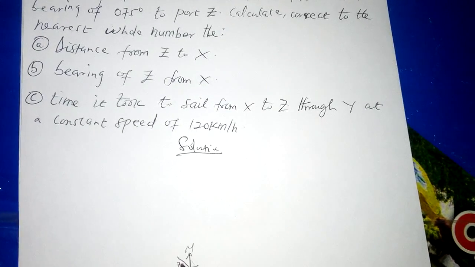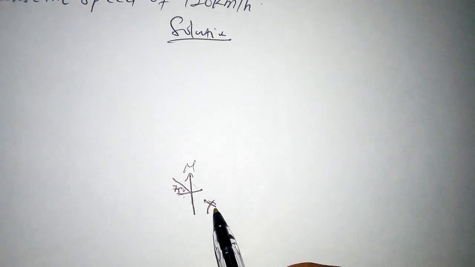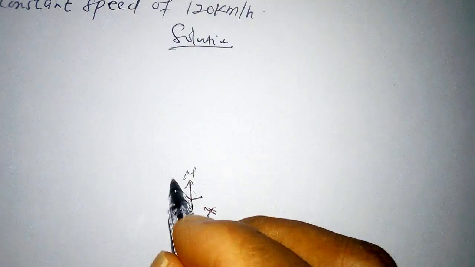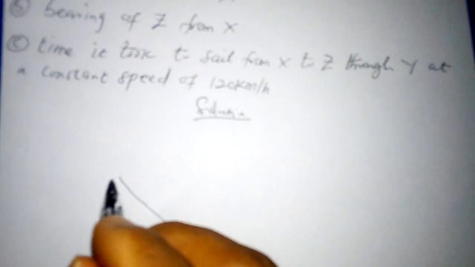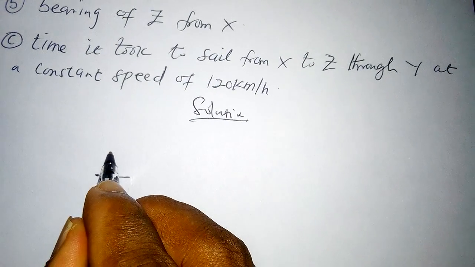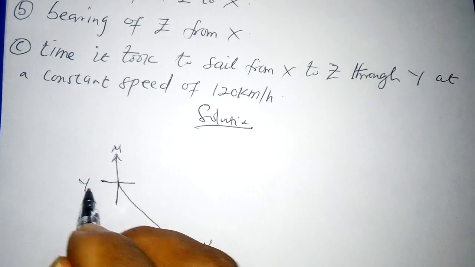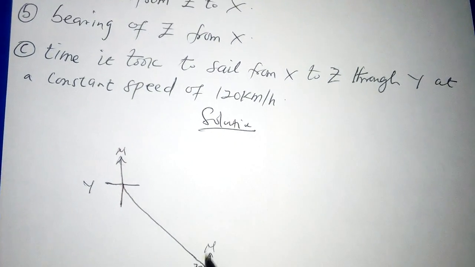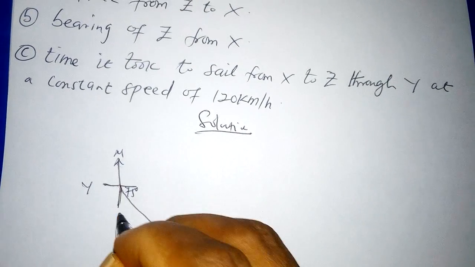Here will be 75 degrees, and then to sail to this place, let me name it. This is my North Pole, this is Y.